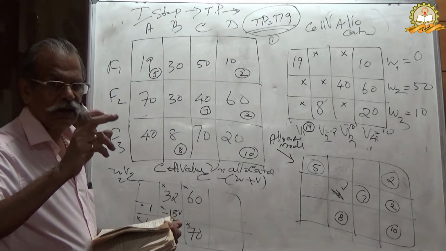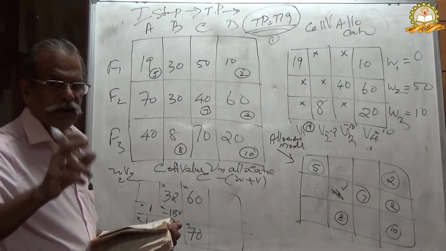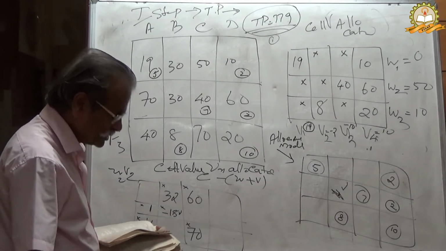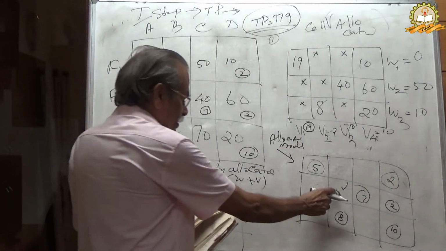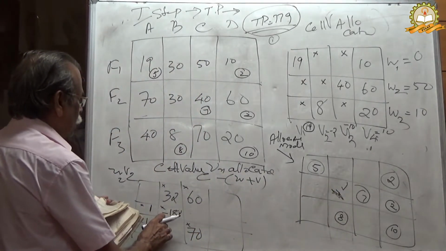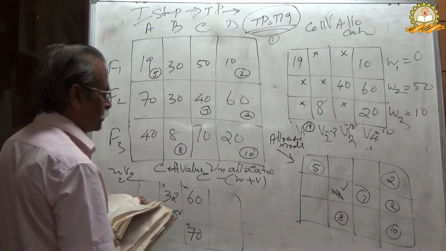Repeat, the line should pass through allocated cells alone. Here in this case, negative 18 falls under U2V2.